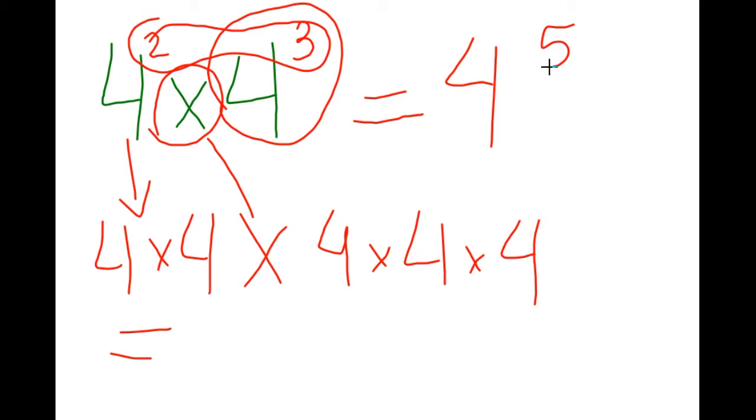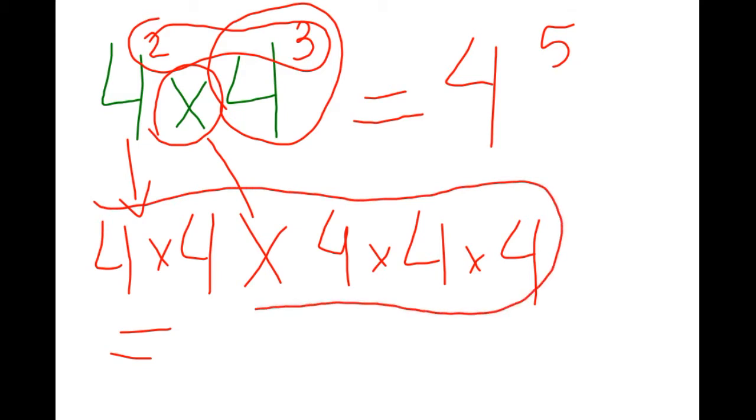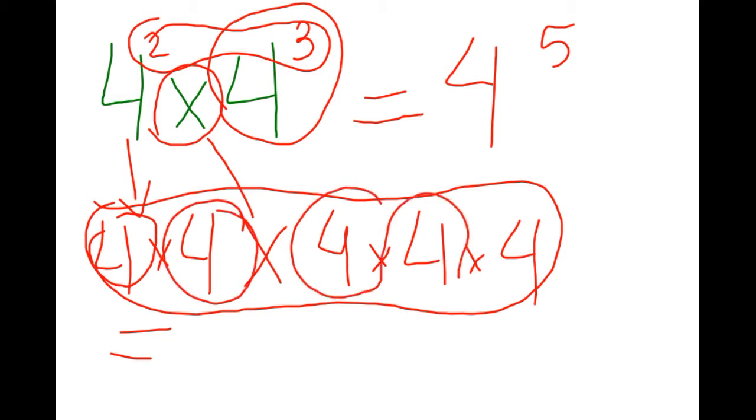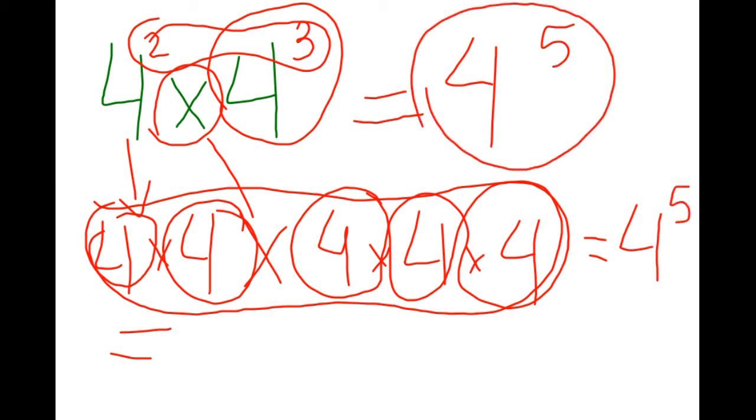Even when you expand, you can see 4 multiplying by itself twice and then thrice makes all 4s being multiplied by themselves 5 times. So we get the same answer.